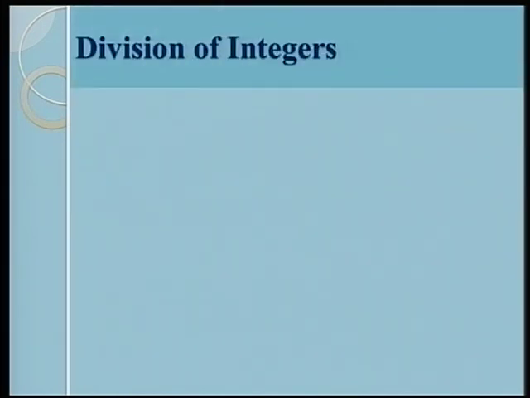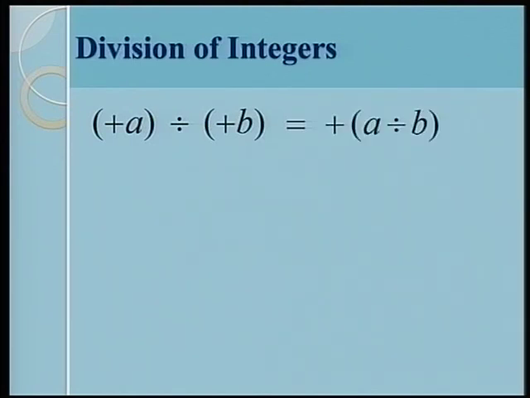We now look at the general rule for division of integers. Whenever we are dividing two positive integers, we will obtain a positive integer. Dividing a positive integer by a negative integer will result in a negative integer.